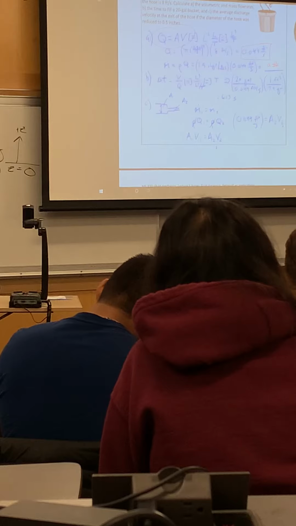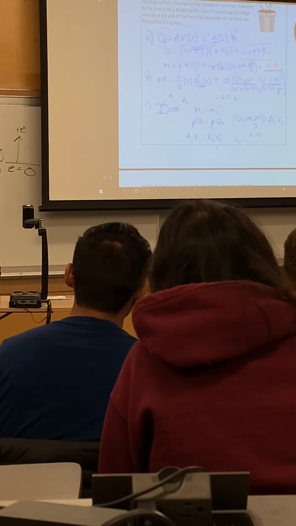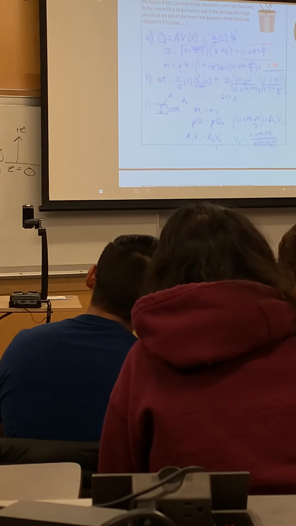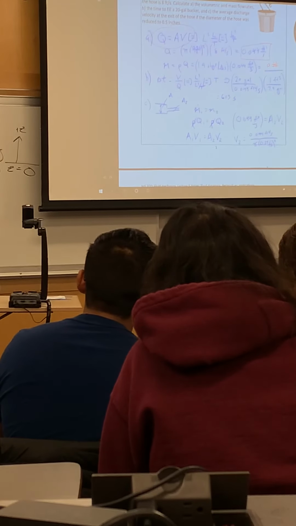So we solve for V2, 0.044 cubic feet per second, again being careful that we do pi r squared, combining a variety of conversion factors all into one step.